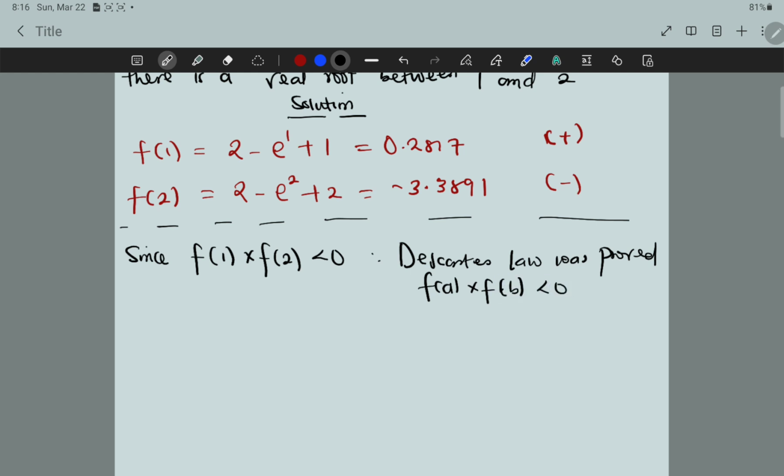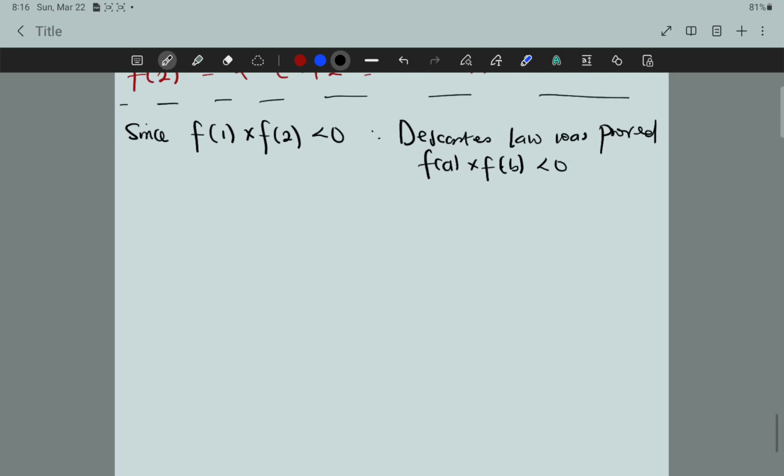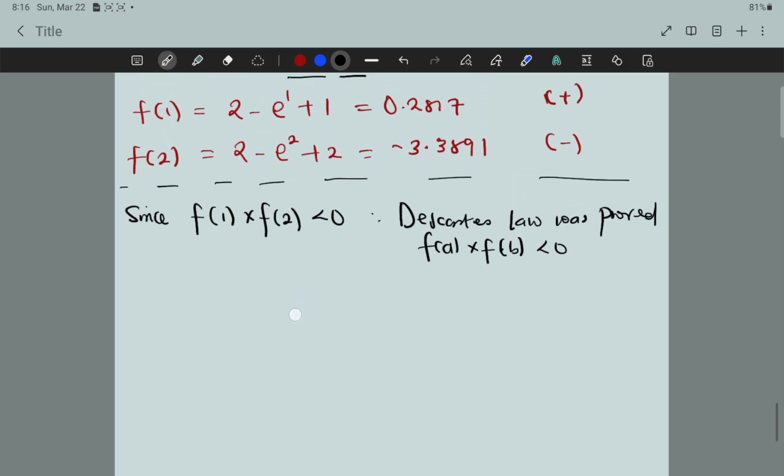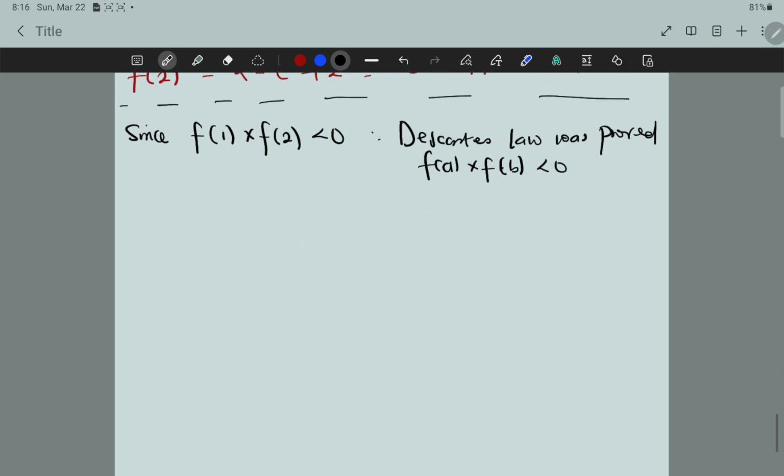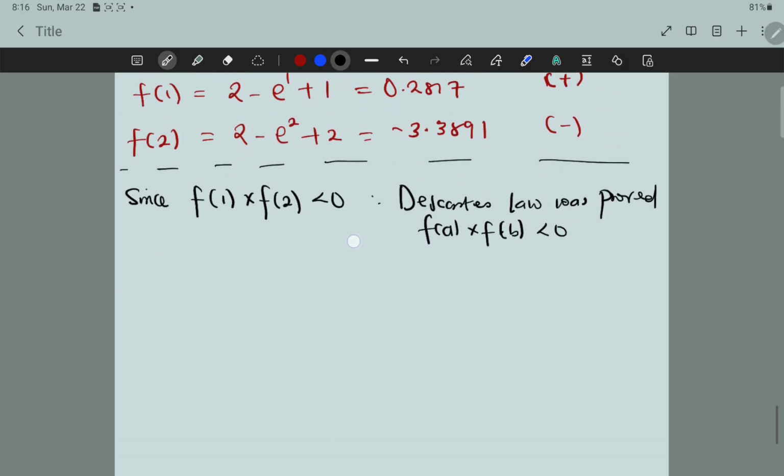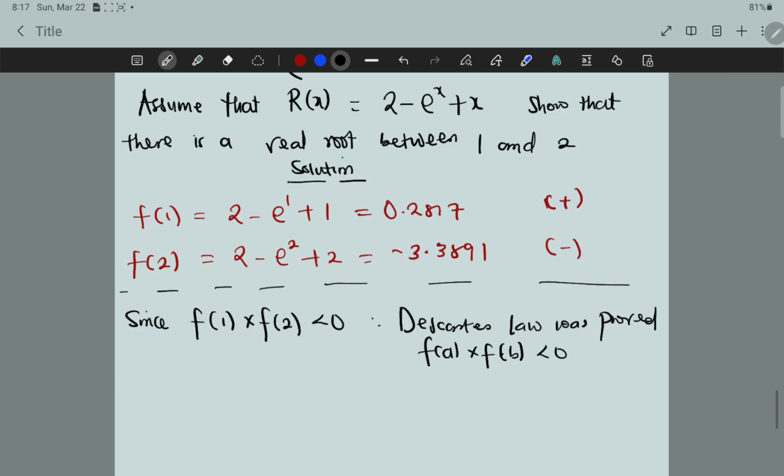So Descartes' law was proved. All right. Now, if that's the case, let's continue from there.